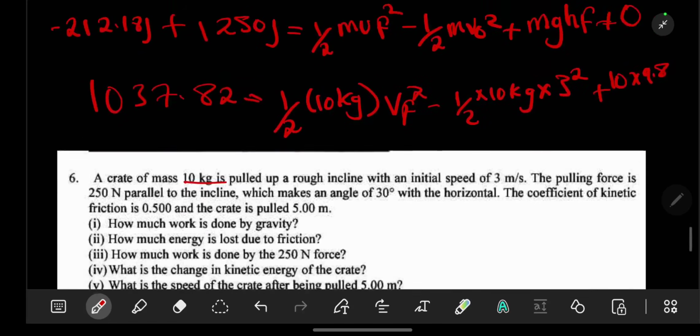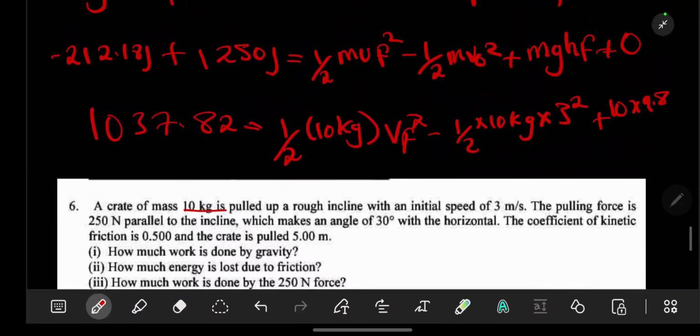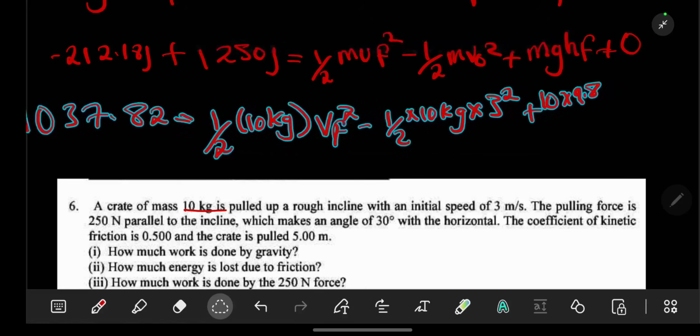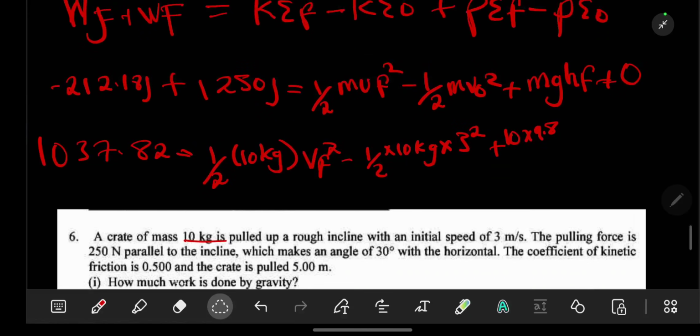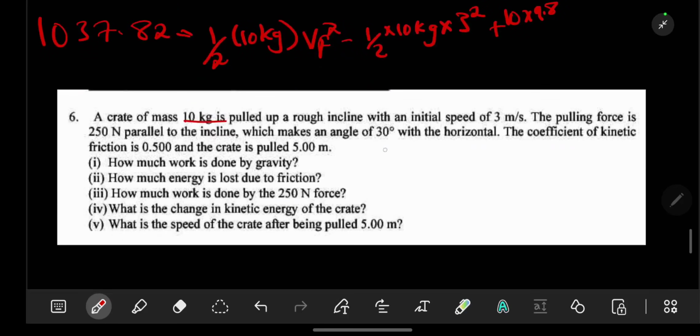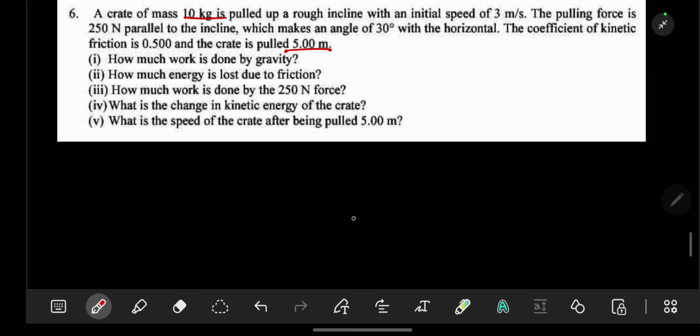Now height, you need to be very careful. So how do you account for the height? It is very, very simple. We have been given the distance along the ramp to be 5 meters. Now the work done by the potential energy is associated with the vertical height.